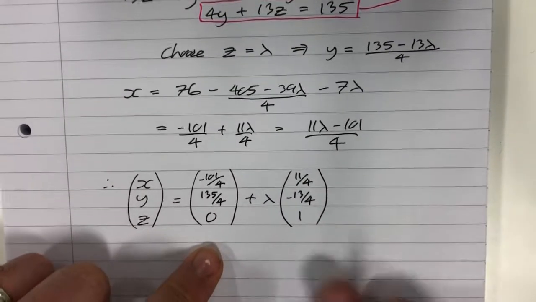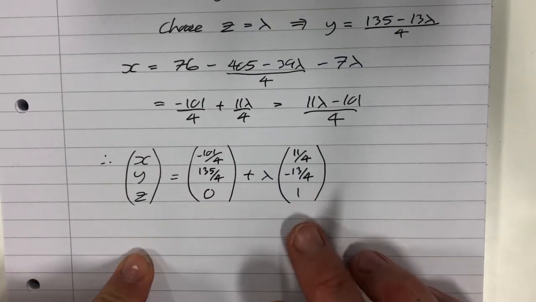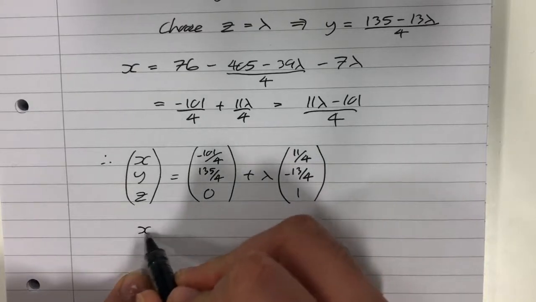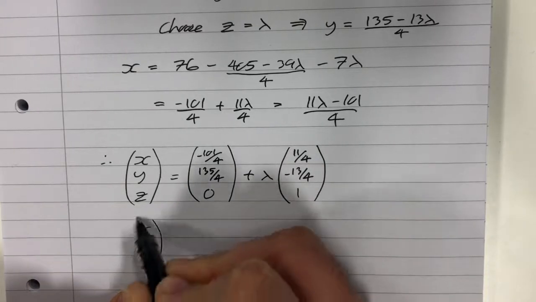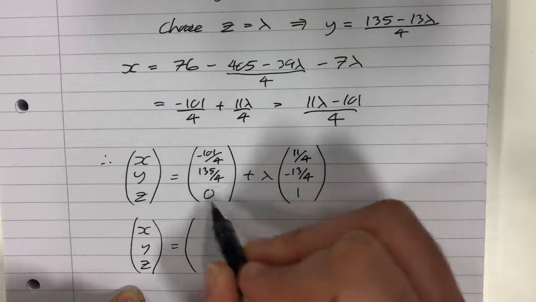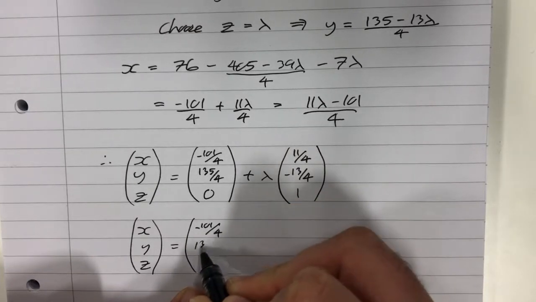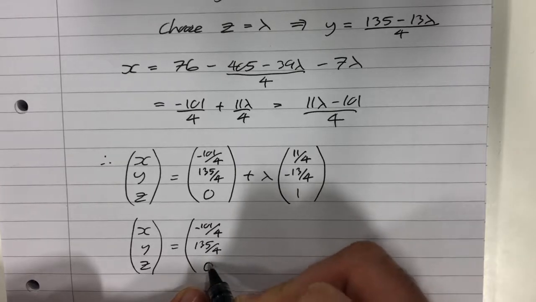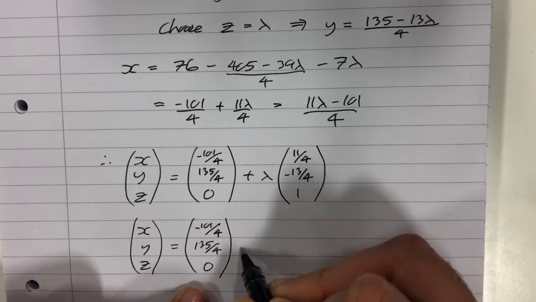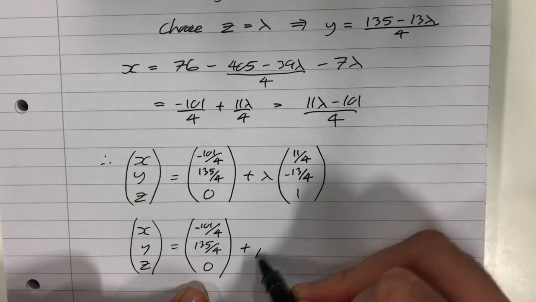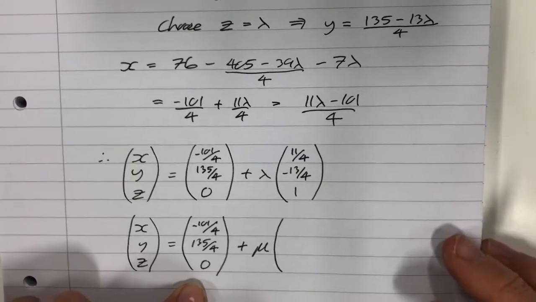So I could times that direction vector by 4 just to neaten it up. And I'll get x, y, and z is equal to, I'll probably find a neat one of those as well, but to be honest, I can't be bothered. 135 on 4, 0. Plus, I'm going to redefine my lambda to be mu.